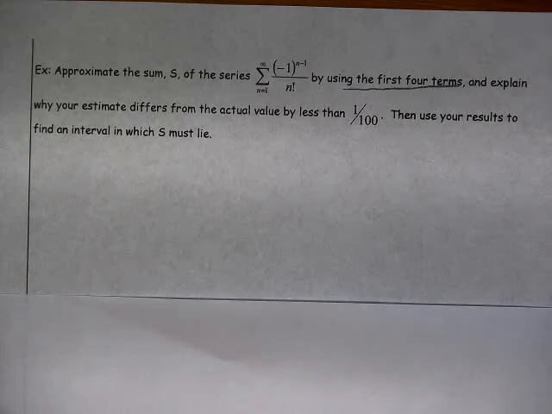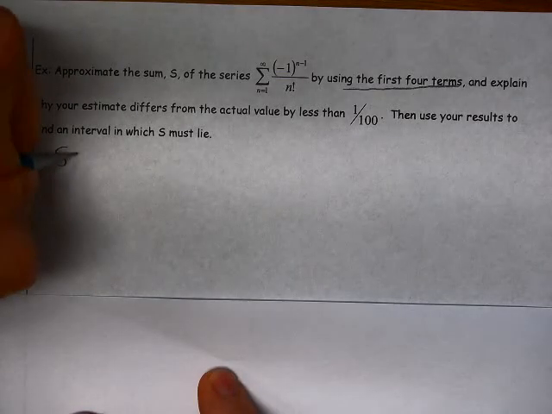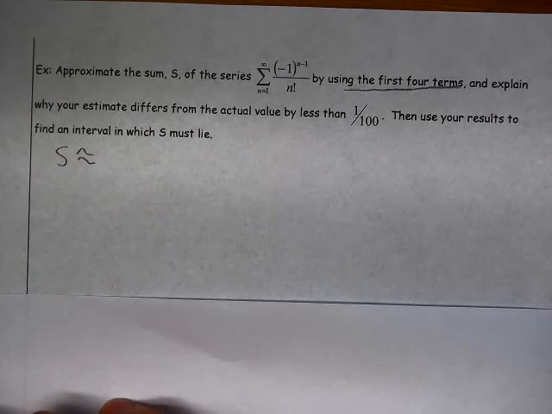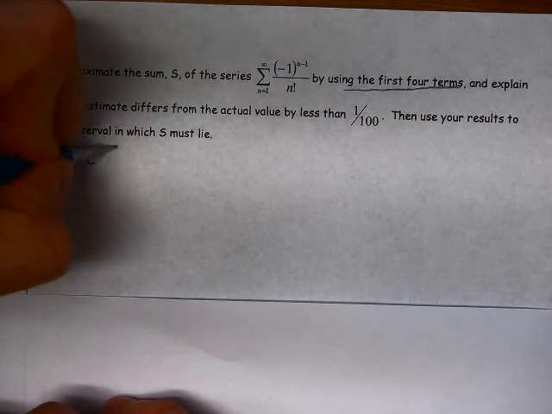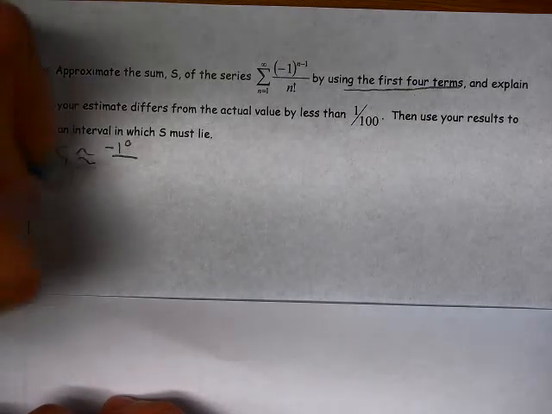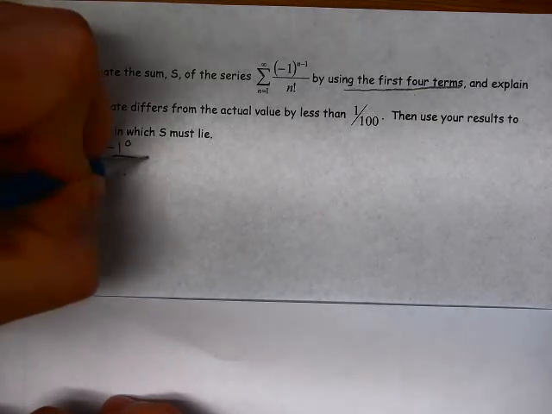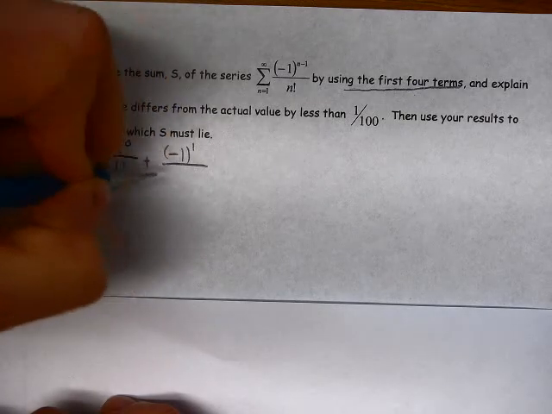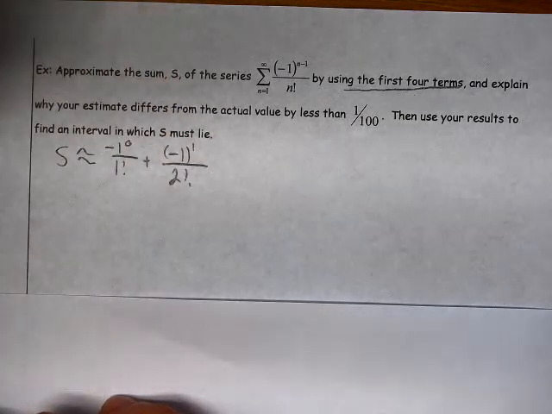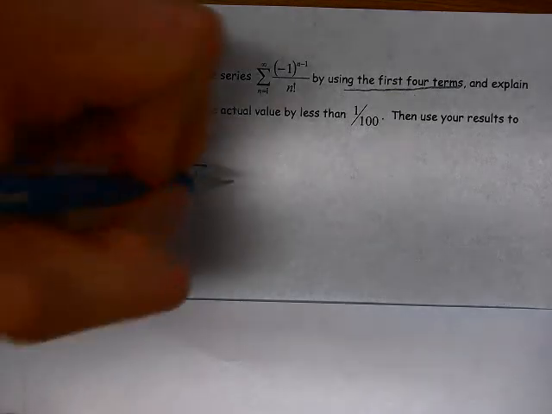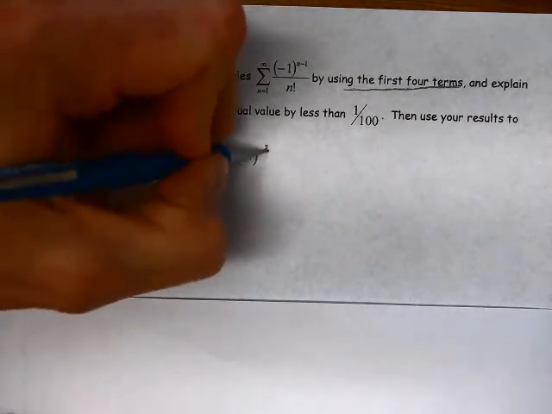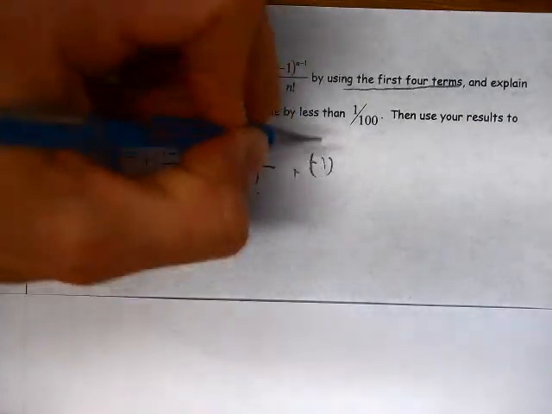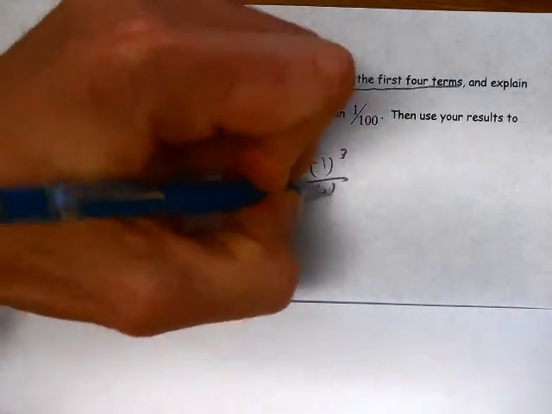Alright, so the sum is approximately equal to the first four terms. It's going to be negative 1 to the 0 over 1 factorial plus negative 1 to the first over 2 factorial plus negative 1 squared over 3 factorial plus negative 1 to the third over 4 factorial.